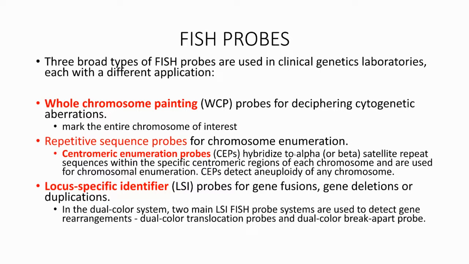We can use that for chromosomal enumeration, and CEP can identify the aneuploidy of any chromosome. And the locus specific identifier, LSI probe, can be used for gene fusion, gene deletion, or duplication.